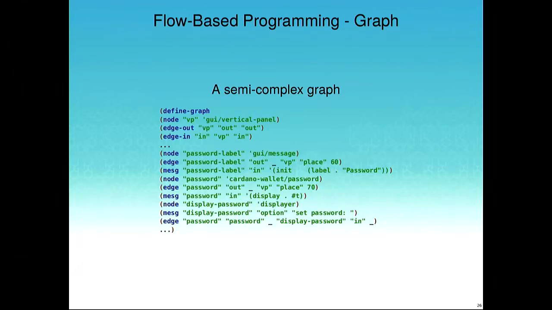It says password, because that's the initial package that we send to it. Then we have a Cardano wallet password. That's a subgraph. We don't have to know anything more about that right now. It has its inputs and its outputs, so we can treat it like a black box. It's some kind of component that allows us to change the password.